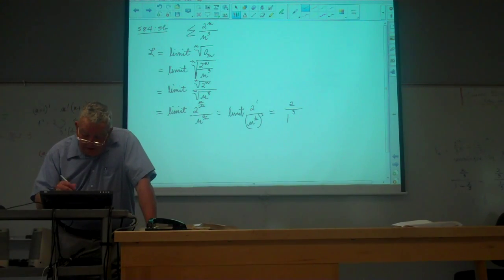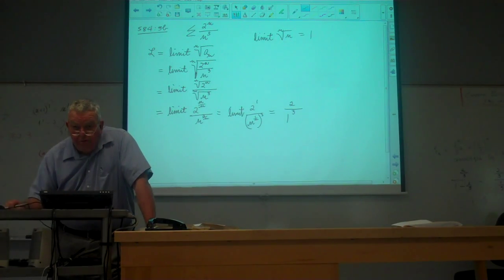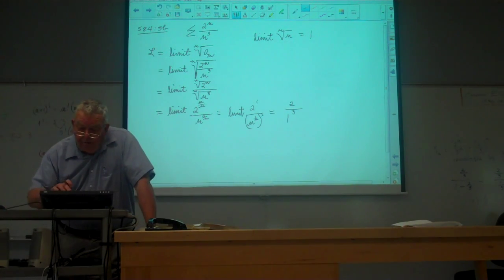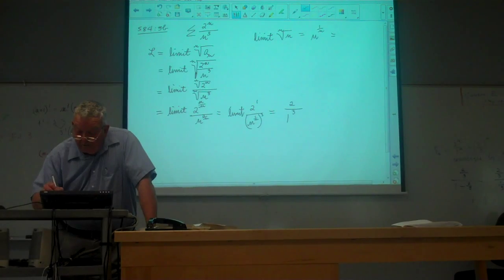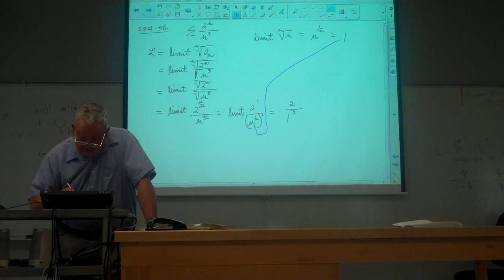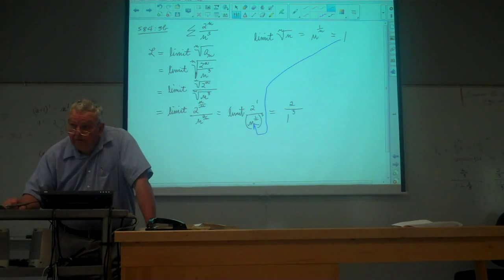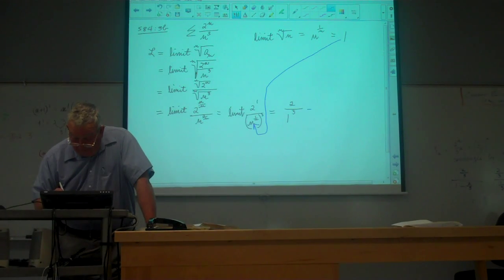Because the limit of the nth root of n, you told Dr. Thomas was 1, right? But that is equal to n to the 1 over n power, which is 1. And isn't that exactly what we have right there? Which is equal to 2.